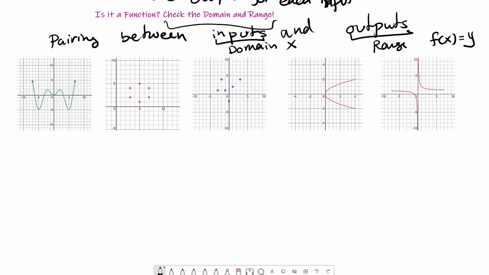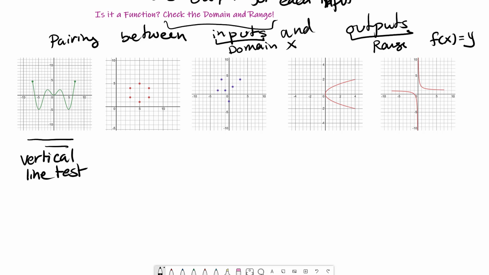Here we'll just look at some examples, and these examples are all here on the screen. Let's go from left to right. So let's look at this first function here, which is shown graphically as this curve. In this case, we can use what we call the vertical line test.